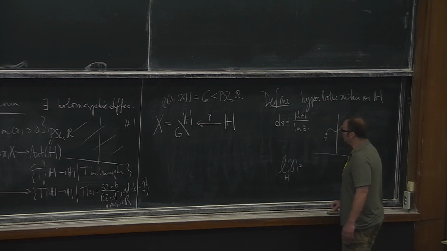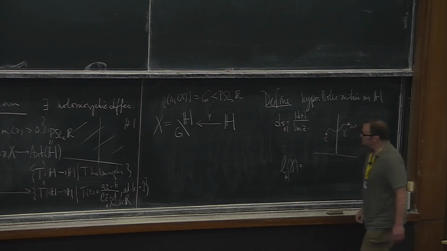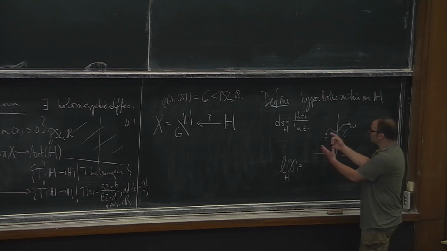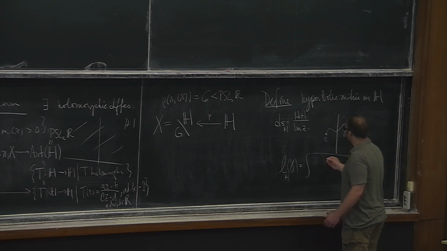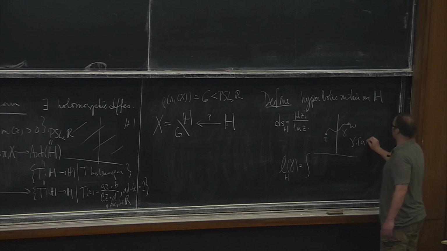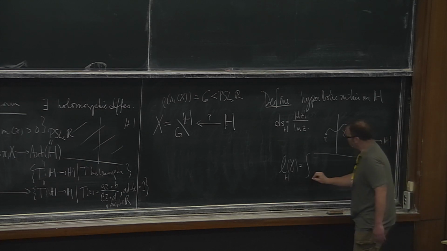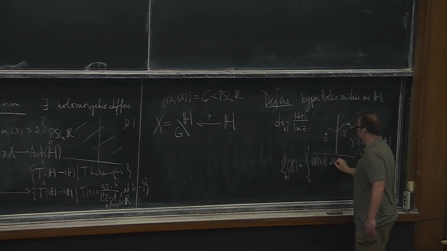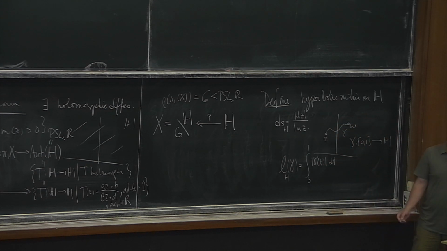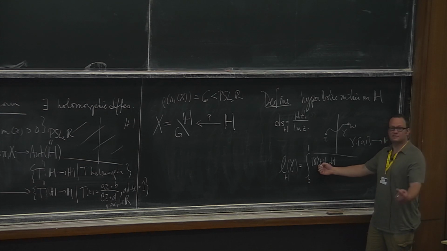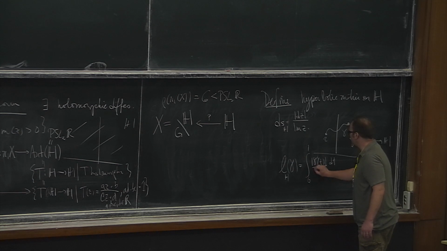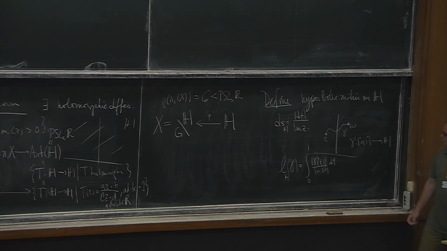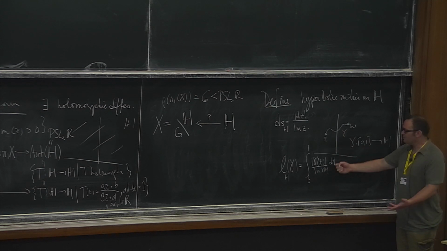To compute it, say gamma is parameterized, I would integrate from 0 to 1 the length of the tangent vector. That's the Euclidean length. But if I want to compute hyperbolic length, instead of taking the Euclidean norm of the tangent vector, I should take the hyperbolic norm. So this defines the length of a path.